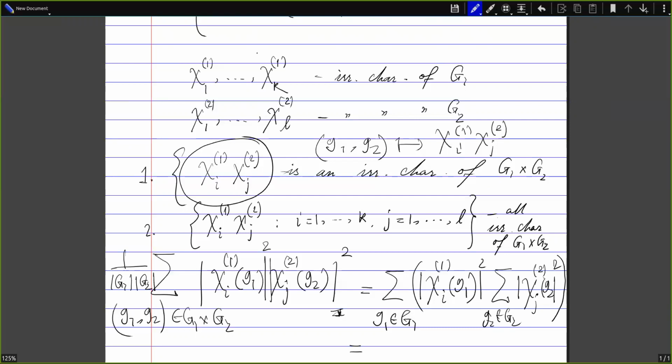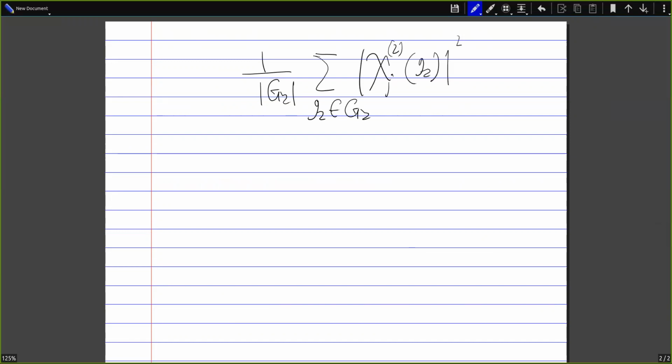So let me write it separately. Here I have this term 1 by order of G1 times 1 by order of G2. But I think you have already guessed what to do. First you push this 1 by order of G2 term inside the summation over g2 of chi_J^2(g2) squared. This gives me 1.